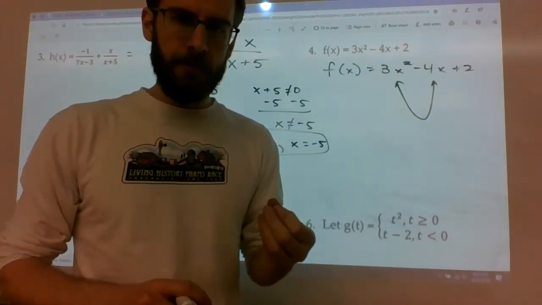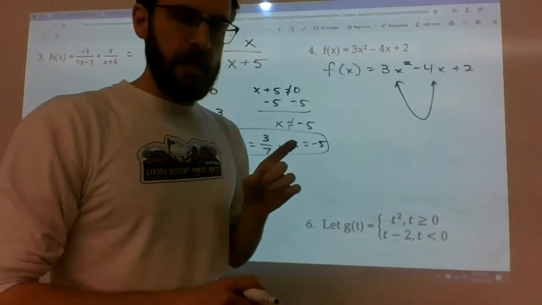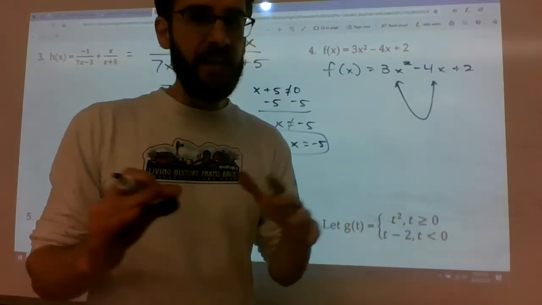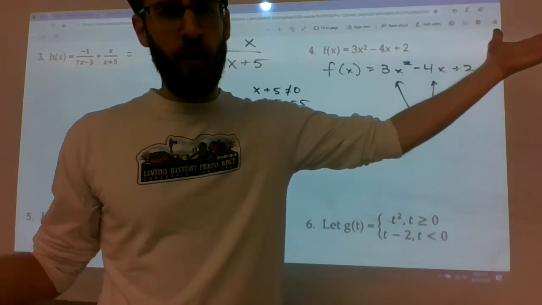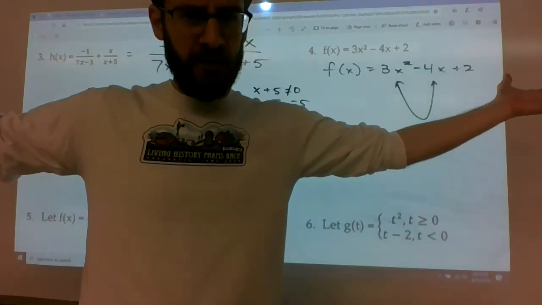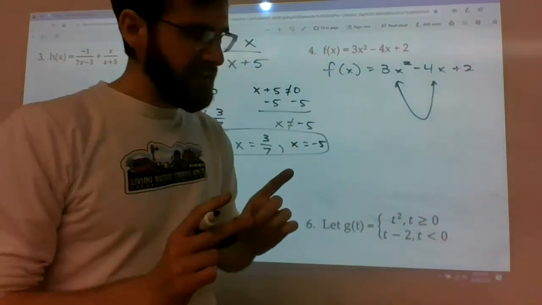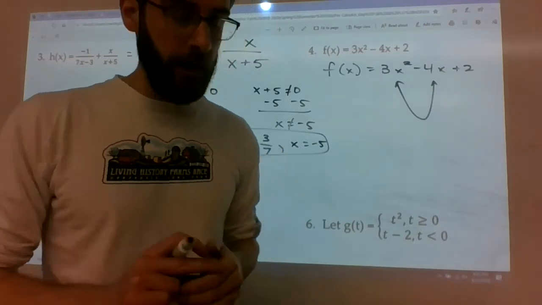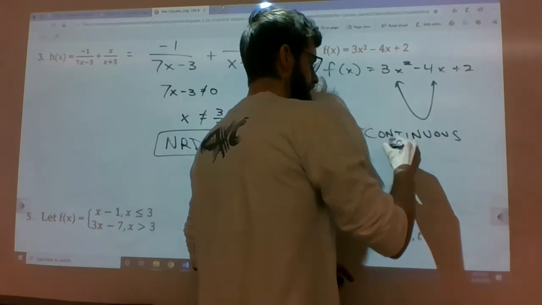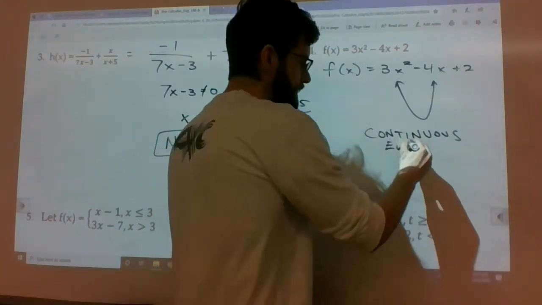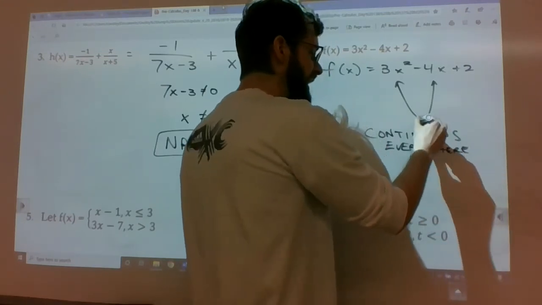Because with polynomials, we know something about the domain. The domain is all reals, negative infinity to infinity. A polynomial lives a nice, happy, long life forever in one direction and forever in the other direction. So what does that say about continuity? It's continuous everywhere. And that's how you would respond. Describe the continuity. It's continuous everywhere.